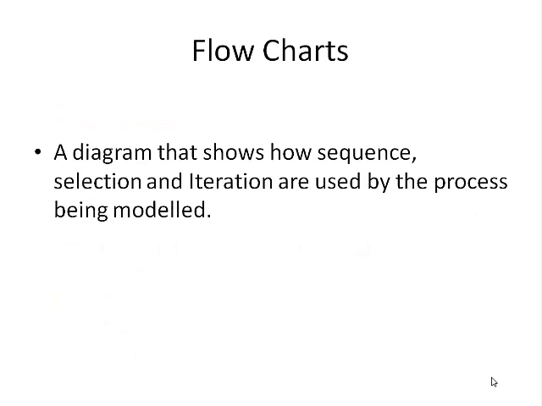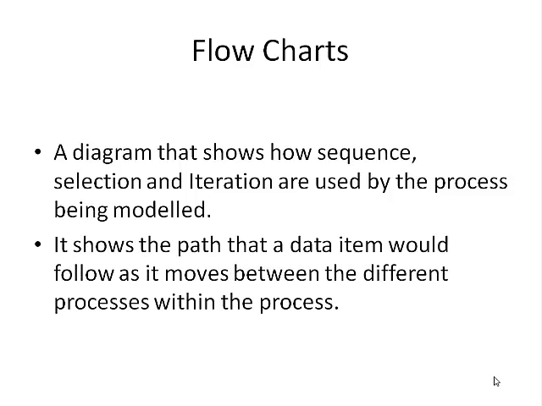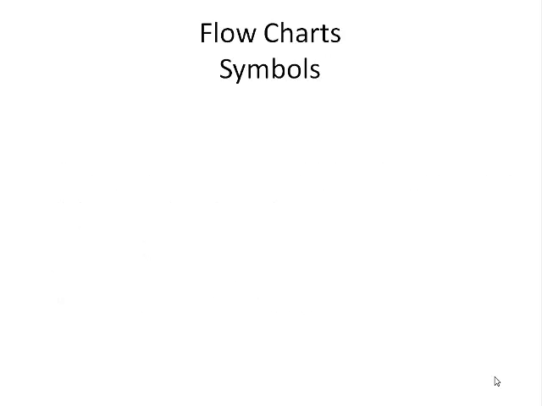Flowcharts themselves show these three constructs of sequence, selection and iteration, and how they interact with each other to form the whole process. And what we see inside the flowchart is the path that a data item takes through these various functions. Flowcharting is a modeling system, and therefore we have symbols.